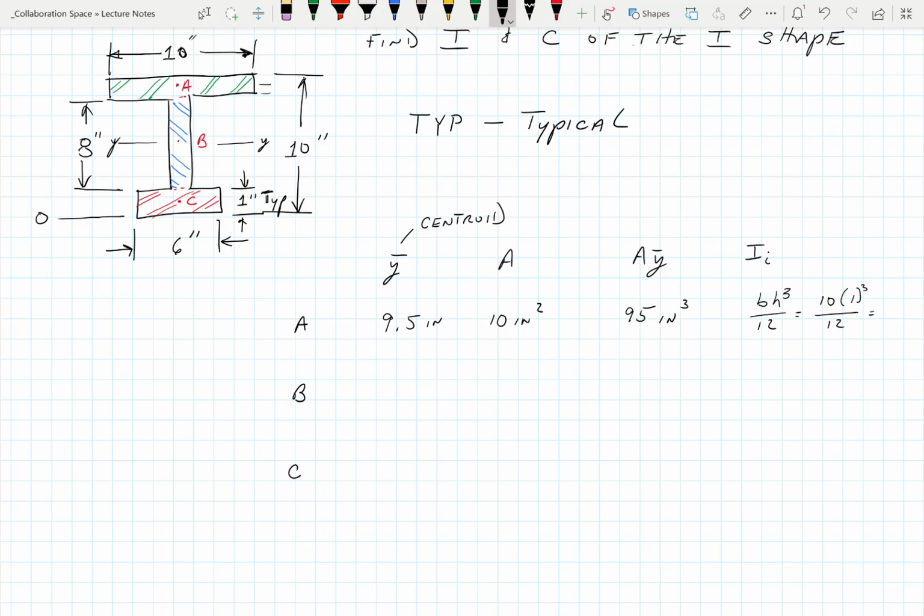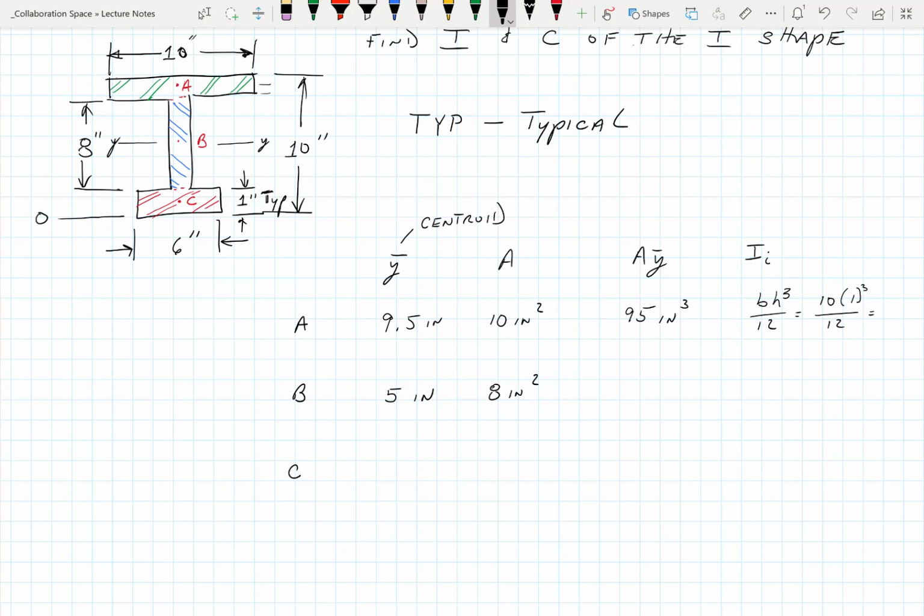All right. Coming down to B. What's B going to be? I'm hoping 5 inches. Yes? Okay. And then my A, or yeah, the area for that one will be 8 inches squared.